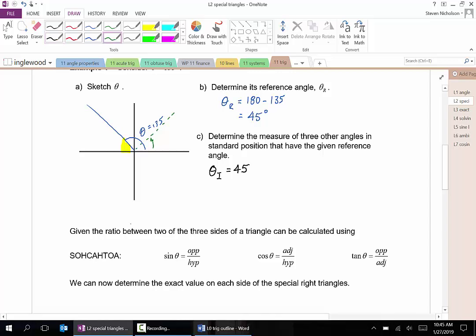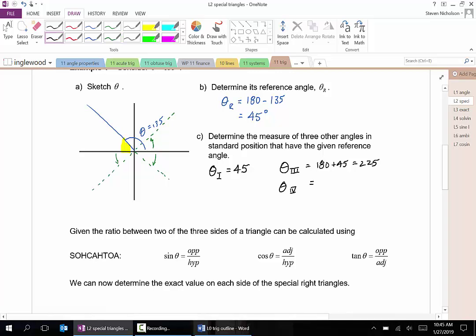If we look at quadrant 3, again, we have the same reference angle. Well, in the third quadrant, the theta is equal to 180 plus 45, which is 225. And for the angle in standard position in quadrant 4, again, this would be our reference angle of 45 degrees.